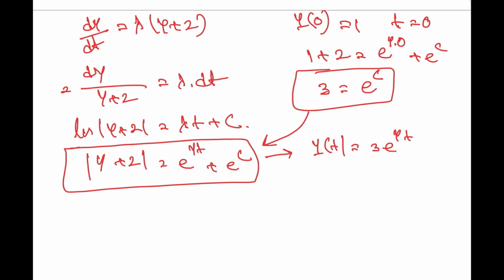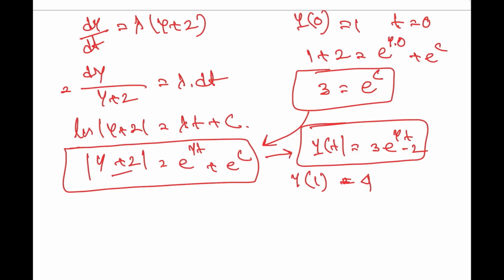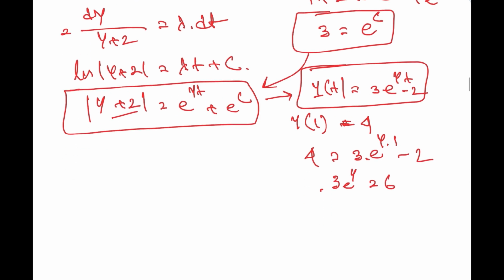Okay, and the next step, if we have been asked y1 equals 4, so here we will simply put it into this equation. Minus 2, there is y plus 2. So here we will get 4 plus 2 equals 3 into e to the power y into 1, so 6 equals 3 e to the power y, and e to the power y equals 2.